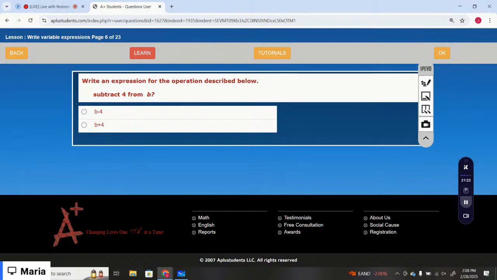Write an expression for the operation described below. Subtract 4 from b.